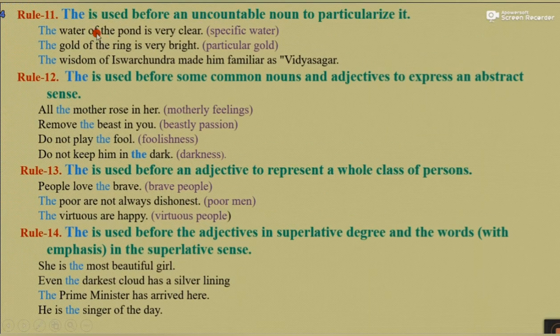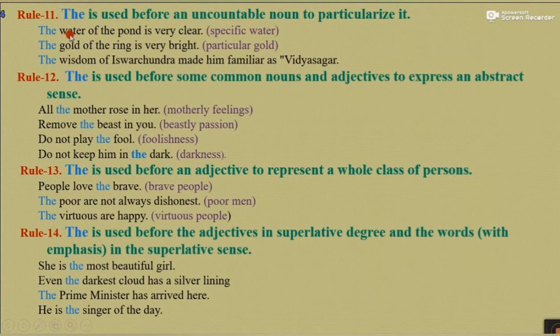Rule number 11. The is used before an uncountable noun to particularize it. For example, the water of the pond is very clear. A specific water of the pond. So the is used before water. Normally we do not use an article before an uncountable noun, but here it is a specific water.